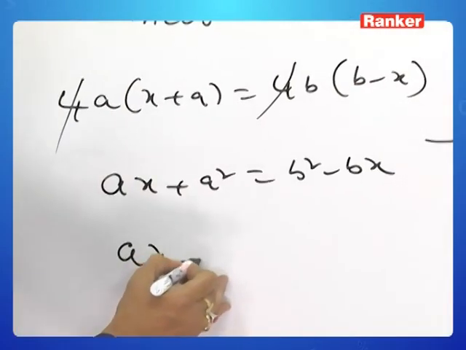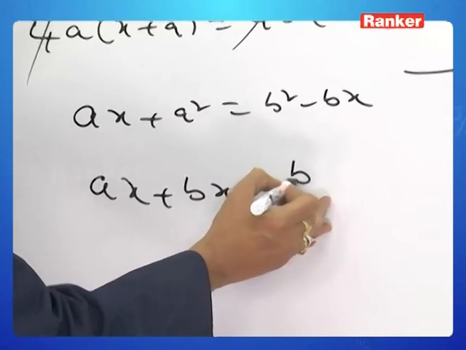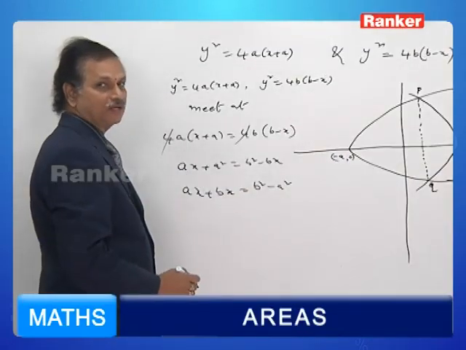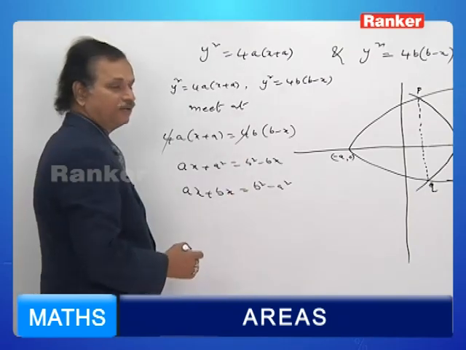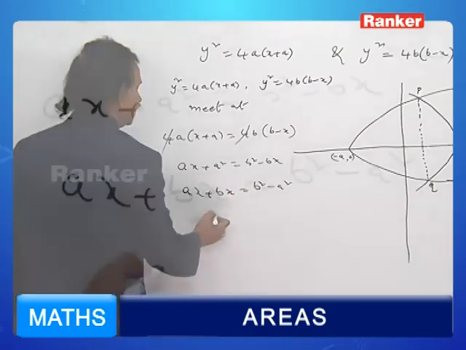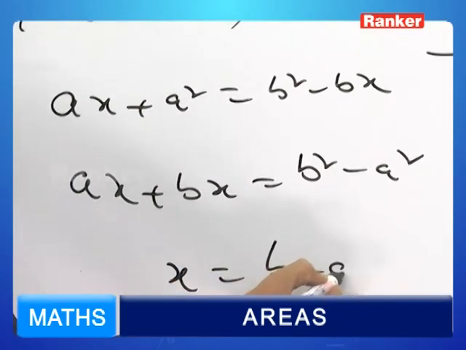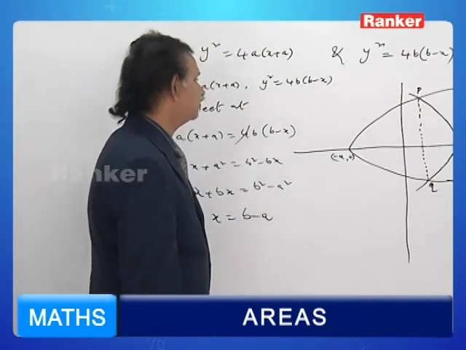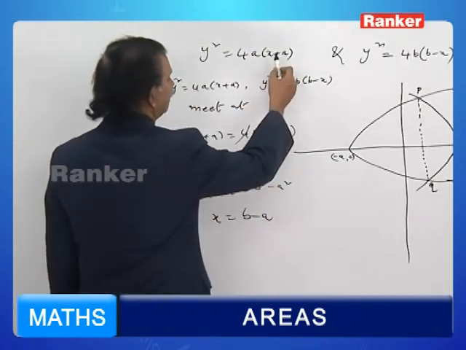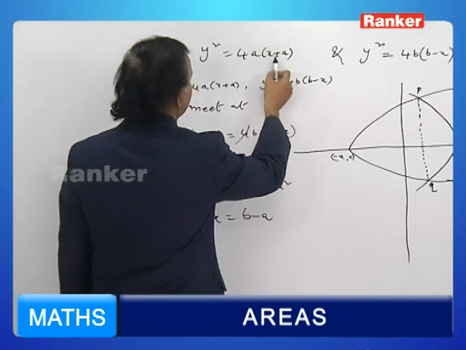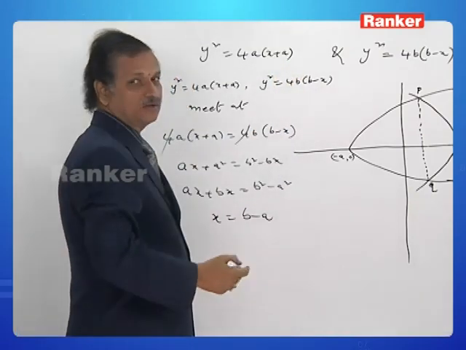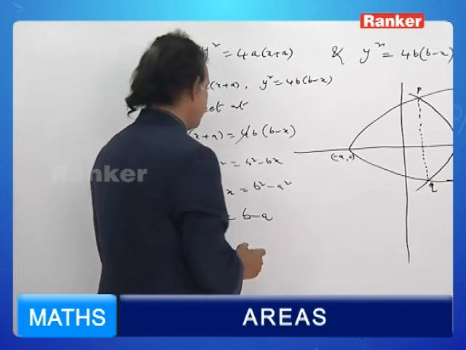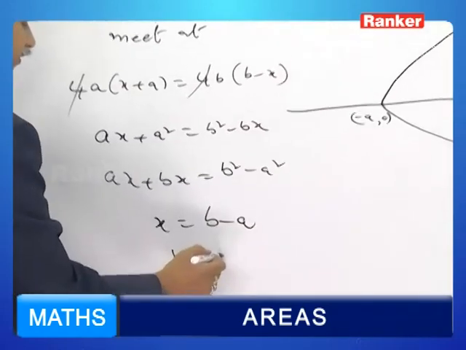So ax plus bx is equal to b square minus a square, that is b minus a into b plus a. If you divide by a plus b, then x is equal to b minus a. If you put x equal to b minus a, the minus a will be cancelled, and y square is equal to 4ab. Then y is equal to plus or minus 2 root ab.